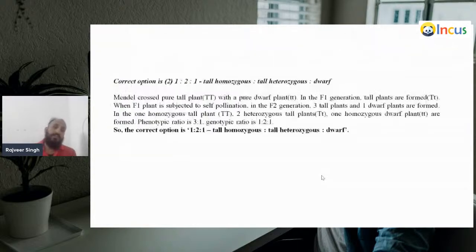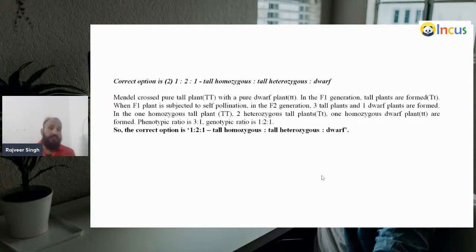Why? You can see here the description of this concept. Mendel crossed the pure tall plant, whose genotype was TT, homozygous dominant, with a pure dwarf plant, small t. In the F1 generation, tall plants are formed, Tt.